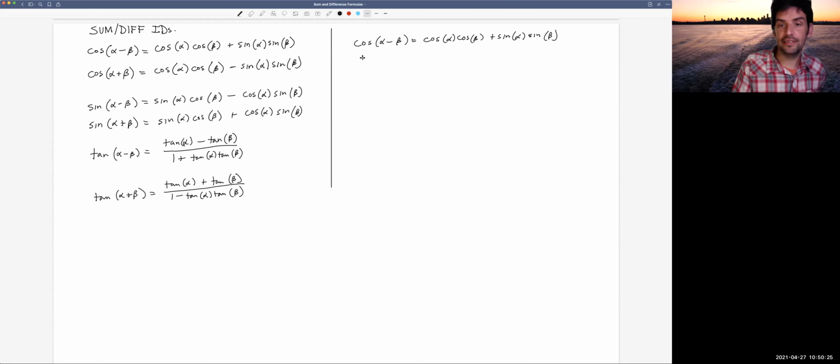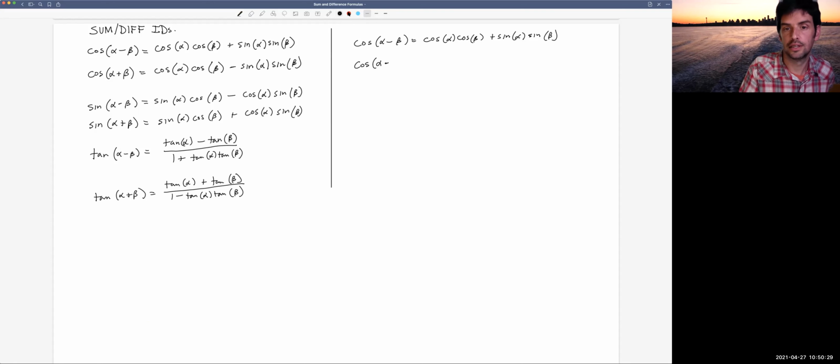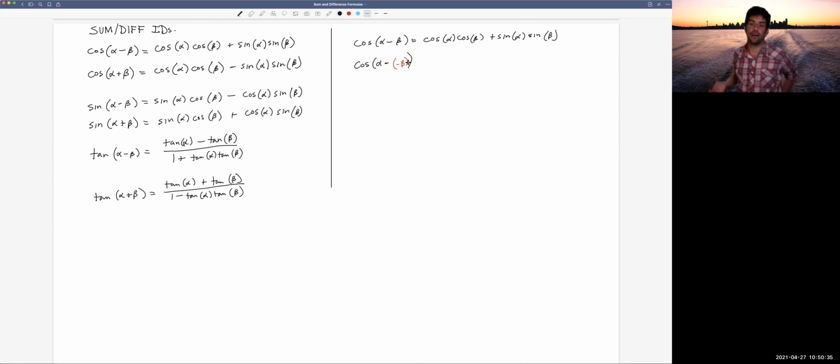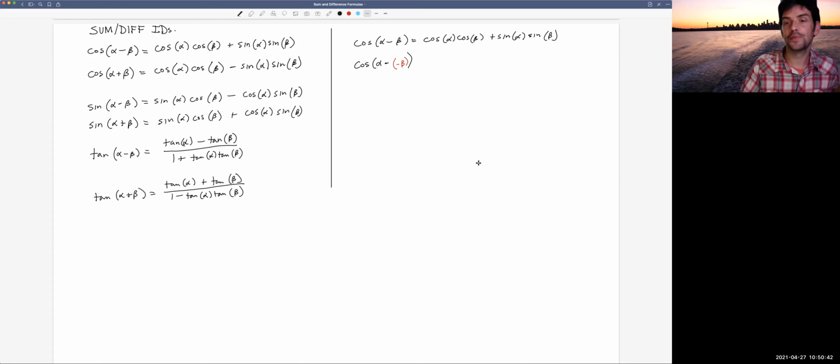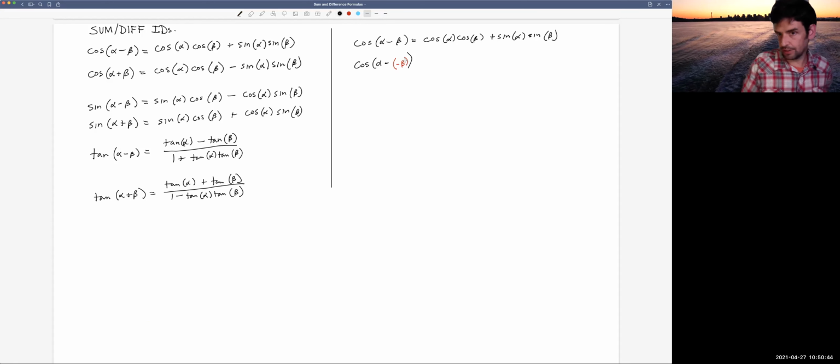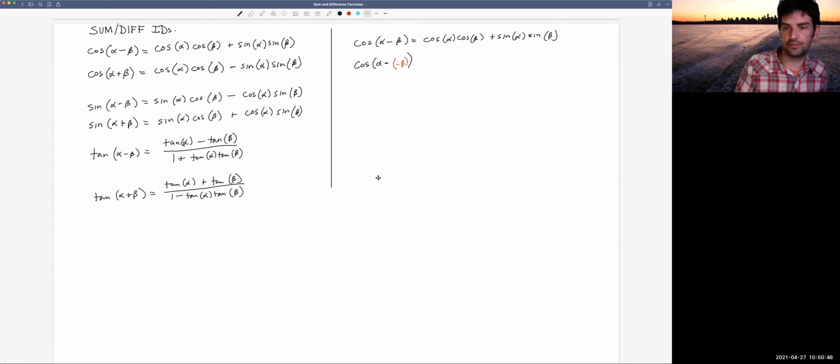What if I replace beta with negative beta? There's nothing that says beta is positive or negative in this. The geometry, the way I drew it, was positive, but it works out regardless. If this was a negative angle, we should be able to replace it with its opposite, a positive angle, and vice versa.